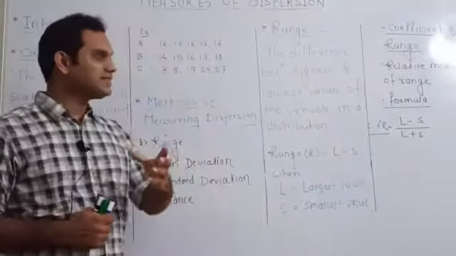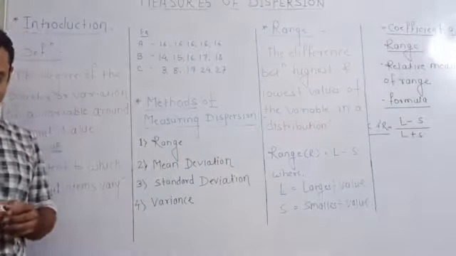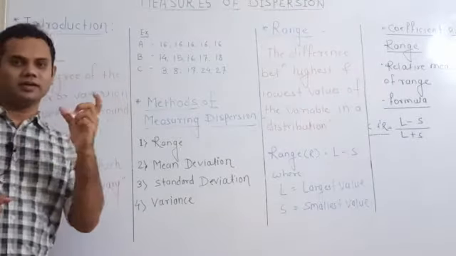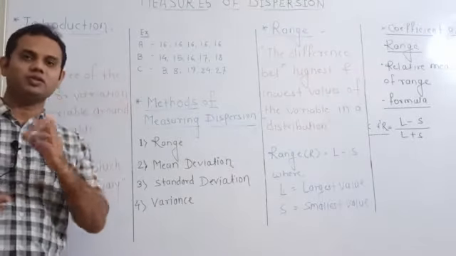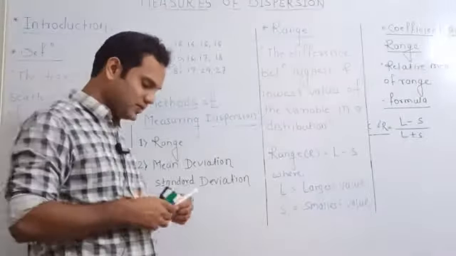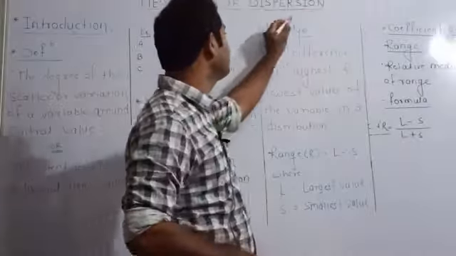So these measures of central tendency represent a data set. But today's concept is your measure of dispersion.